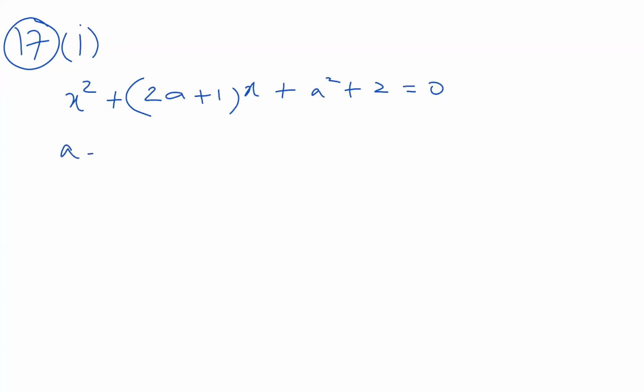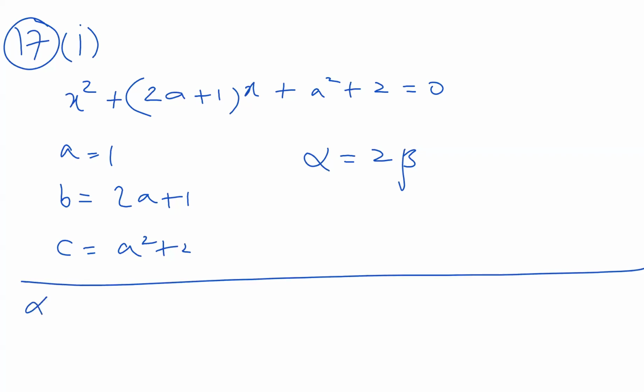A is equal to 1, b is equal to 2a plus 1, c is equal to a square plus 2. Now one of the roots is double the other. Alpha is equal to twice beta. This type of problems we have done earlier in the same exercise also. So let's start with alpha plus beta. Alpha plus beta is minus b by a.